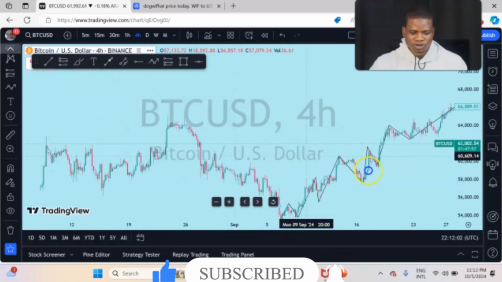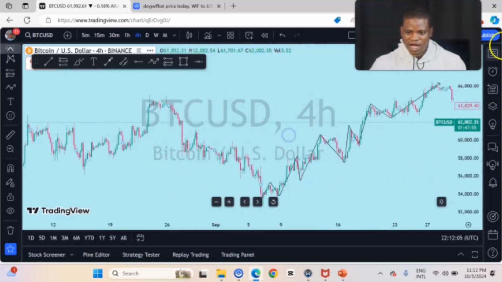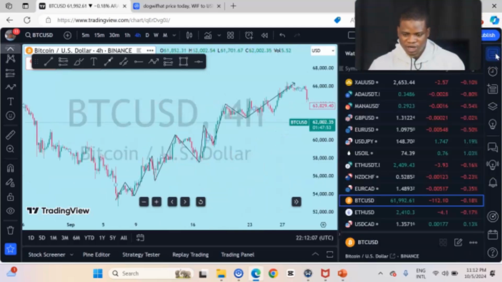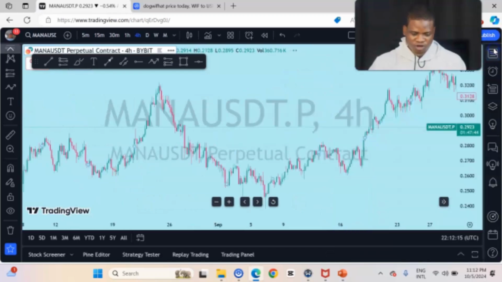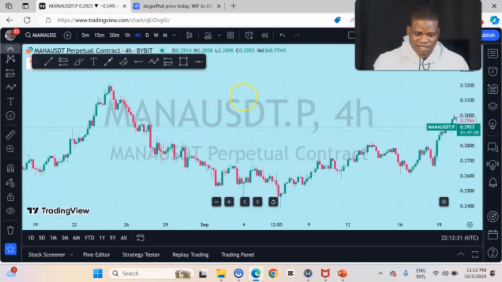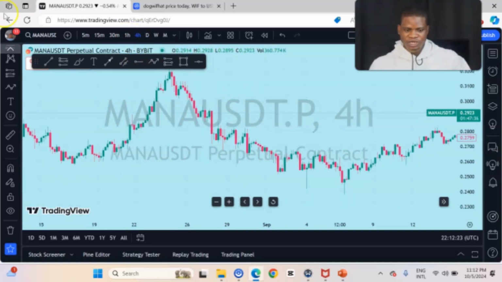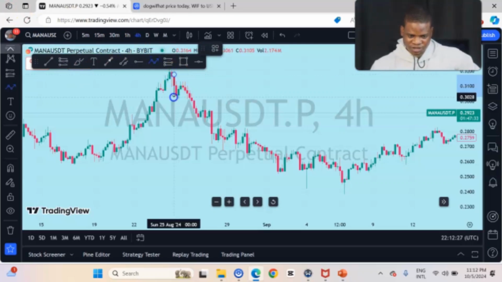Now we have something we call a downtrend. So let's look at some other charts of some other crypto assets. Let's look at Mana. Most of the cryptos have been in an uptrend if you look at a higher time frame, but if you look at this structure during this movement, you see that at this particular point, the market has been in a downtrend.